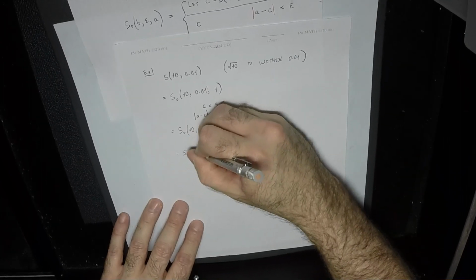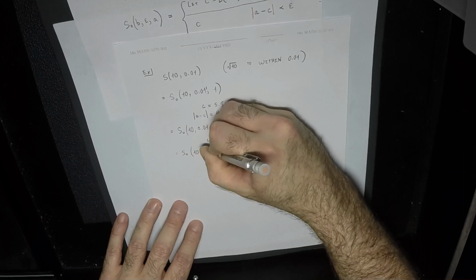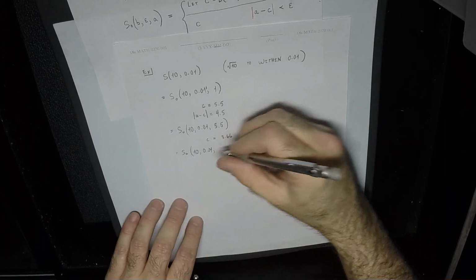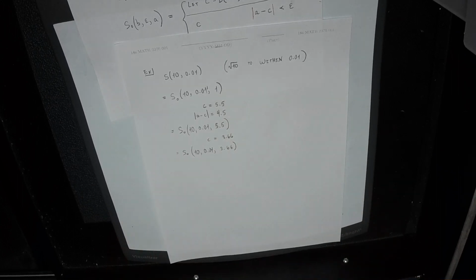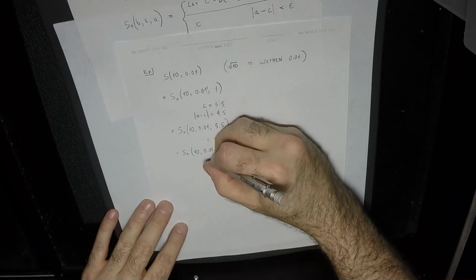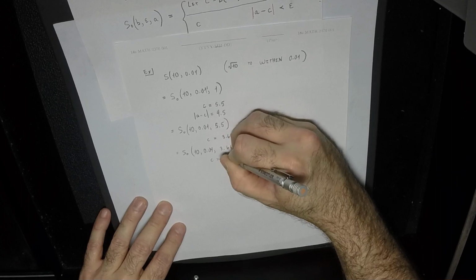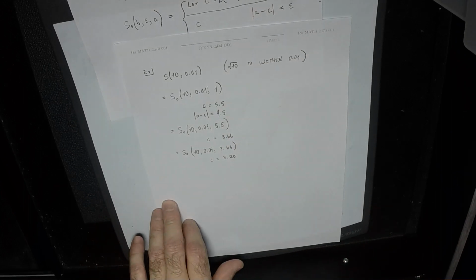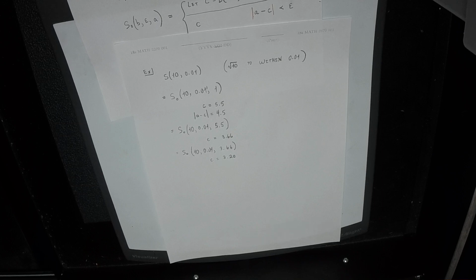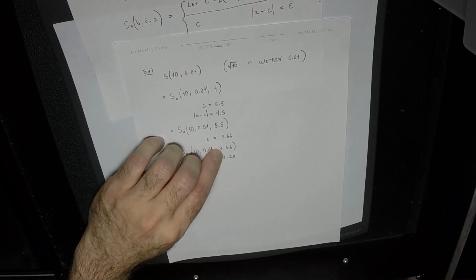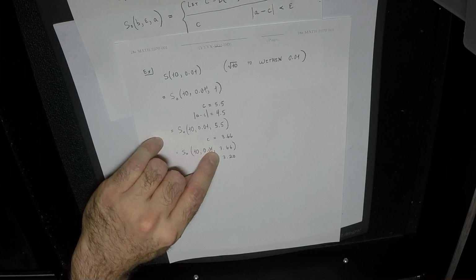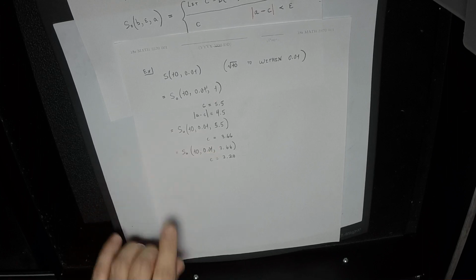So S0 of 10, 0.01. The next guess, so this one is about 3.66. The next guess is 3.20. And I'm rounding these to 2 decimal places when I'm writing them down, but not on my calculator. So if you're trying to reproduce my answer, it might be slightly different because I'm doing some strange rounding. So the difference between these two numbers now is not within 1/100th, so there's more work to do.